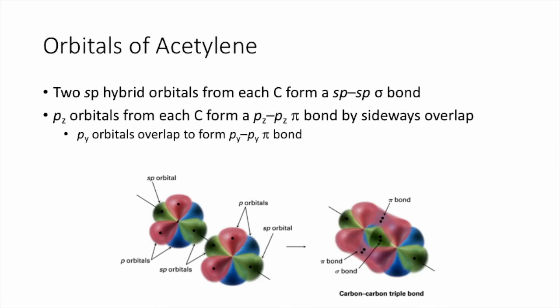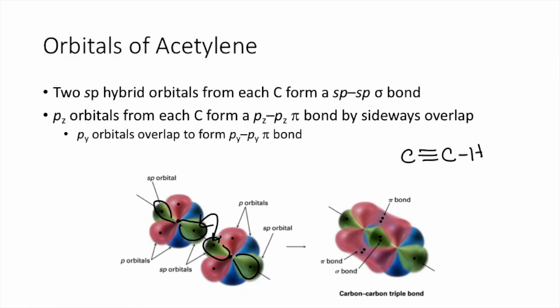But if we take each carbon that's sp hybridized, the lobes in green are the sp orbitals, right here. And then the lobes in red and blue are the unhybridized p orbitals. So when you have this overlap here, you form the sigma bond of acetylene.